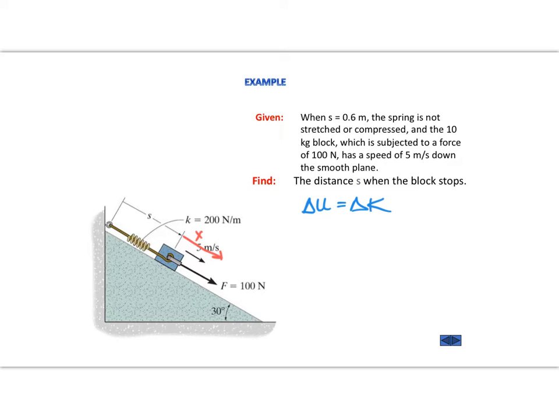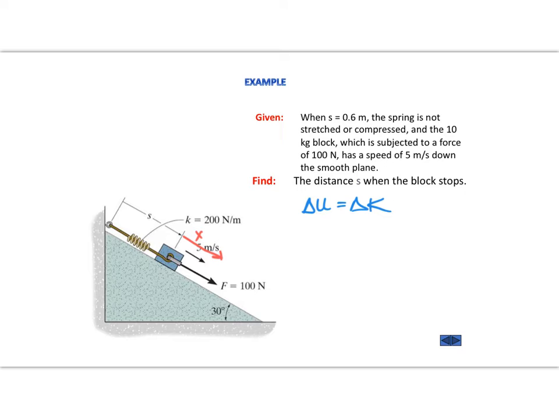Work is equal to the change in kinetic energy. The reason I don't like conservation of energy for this problem is because that external force of 100 newtons is not a conservative force, and so we would have to account for the work that that force does in our expression. And so I like this idea first.